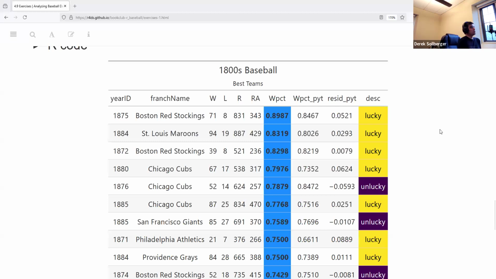So by win percentage, the best team back then were the 1875 Boston Red Sox, having won nearly 90% of their games. In comparison, the best team over this century, I believe, won about 71% of their games. So these teams all did relatively better than that. And you see some classic teams there. Shout out to the Providence Grays.